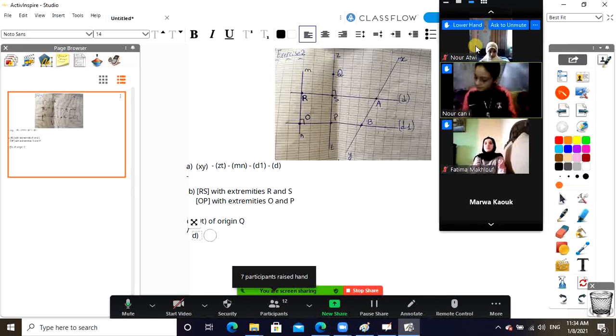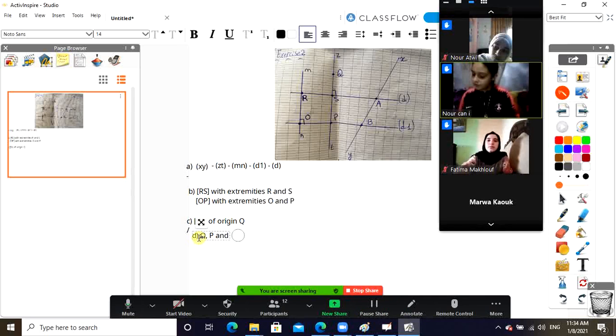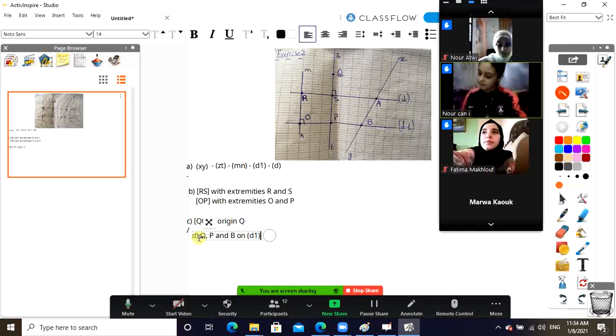Can you solve for me part D? Name 3 collinear points. What is the meaning of collinear points? 3 points on the same straight line. Very good. Name 3 points on the same straight line. O, P, B. On which straight line are they? On straight line D1. Very good. O, P and B. Also R, S, A. On which line?